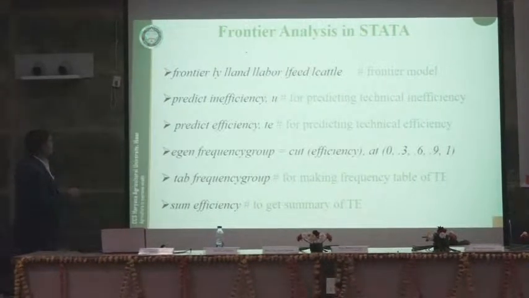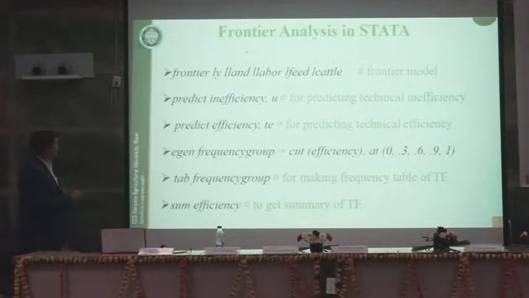So this is the frontier, and this is the command to predict the inefficiency. So simply write predict, and you can write anything here, meaning this is the variable name. You can give any name to the variable, and this mu is the technical inefficiency.